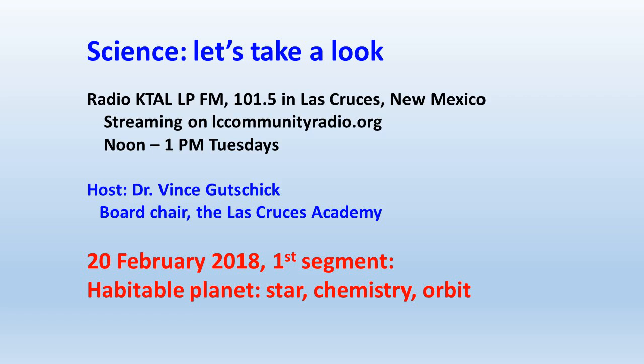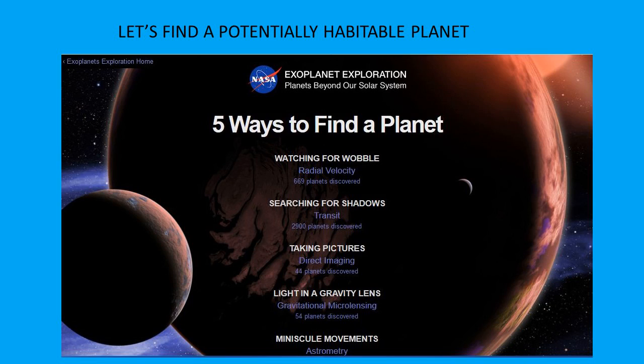I'm your host, Vince Gutschick, and we're continuing the show from last week, which was what makes a planet habitable. So we reviewed a number of things. First of all, just getting the temperature right at the planet.